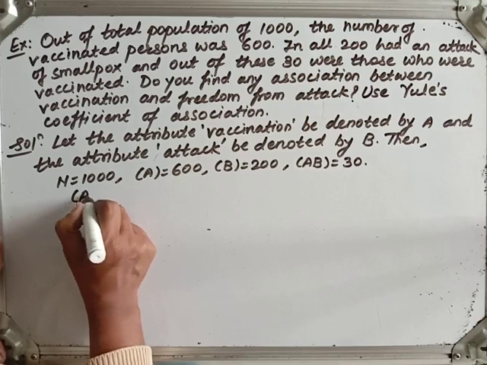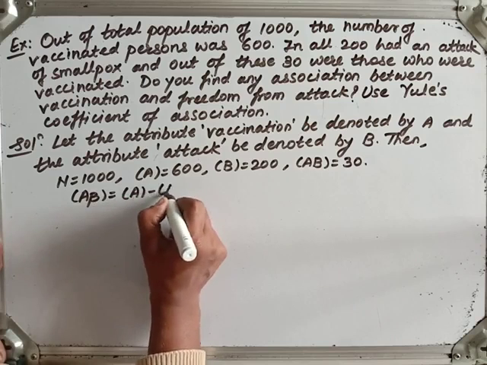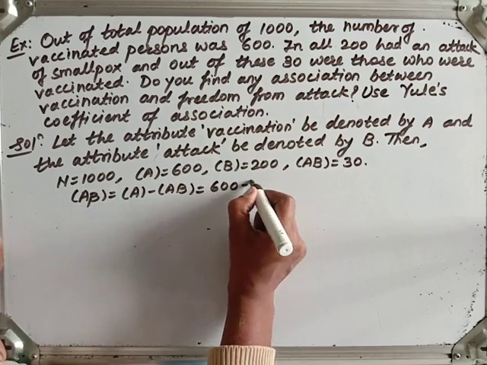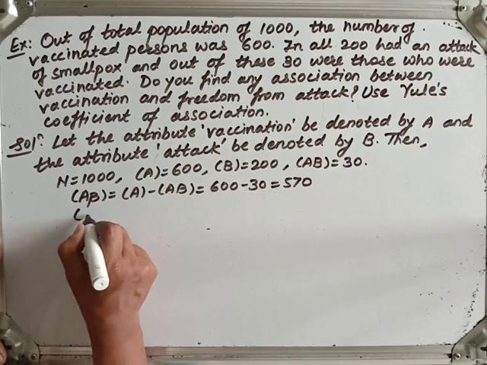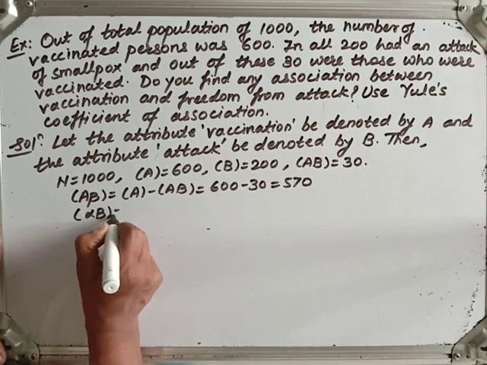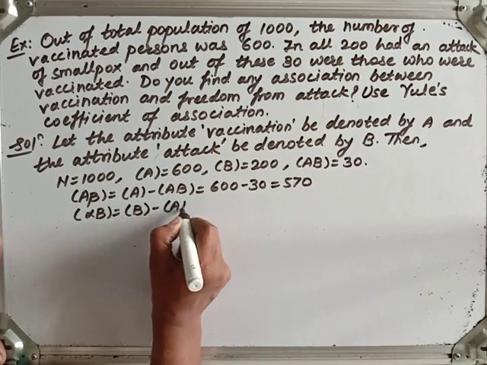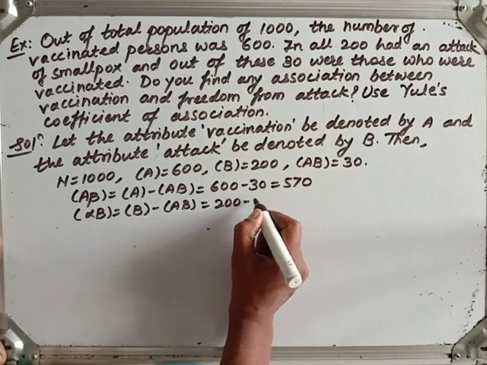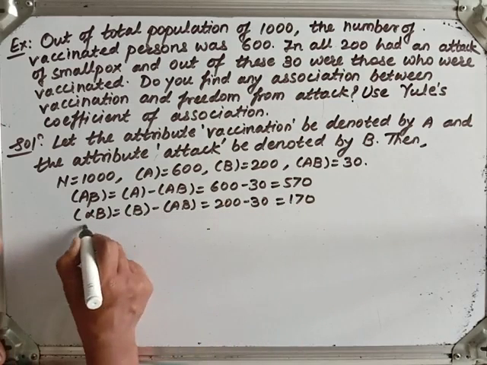So A beta is A minus AB, that is 600 minus 30, equal to 570. Alpha B is equal to B minus AB, equal to 200 minus 30, which is 170.